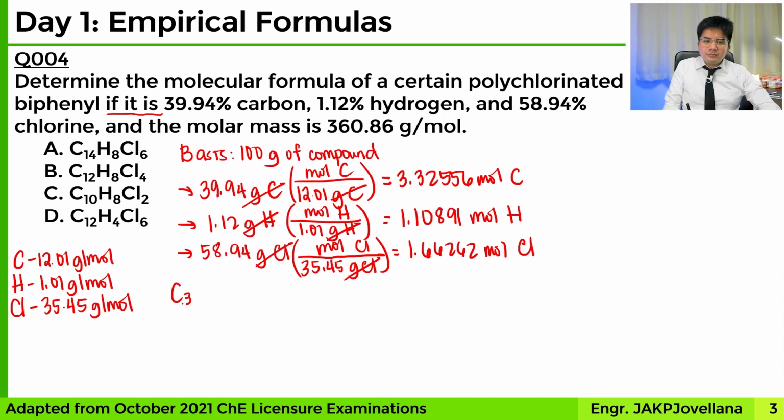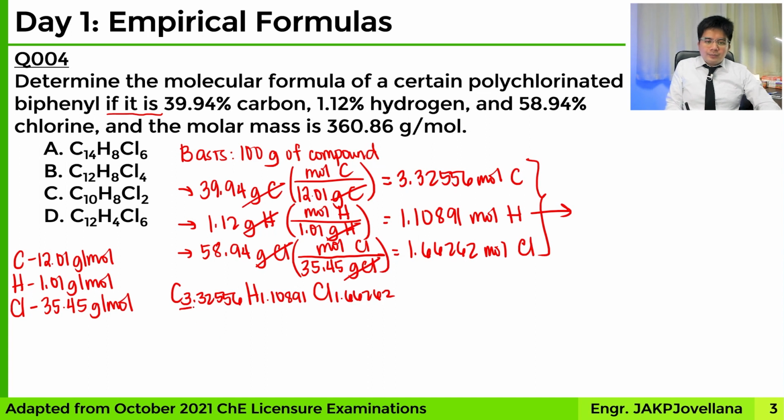With respect to the ratios of the elements with each other, we can write C 3.32556, H 1.10891, Cl 1.66262. And then, we divide all the subscripts by the lowest value. Comparing these three values, the lowest number is 1.10891.